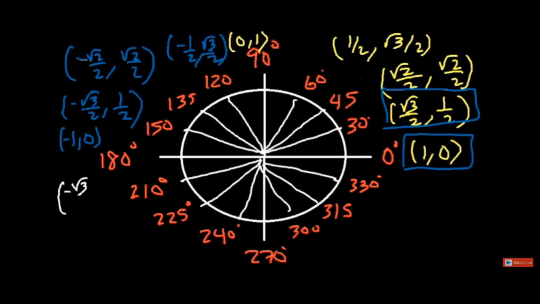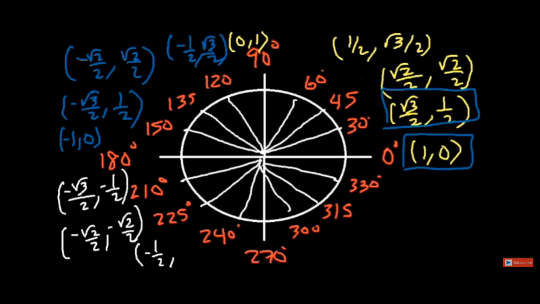Now let's look at quadrant 3. We're going to have the same values but x and y are both negative. So 210, 150, and 30 share the same reference angle. So the value is going to be the same, but it's going to be negative: negative square root of 3 over 2 and negative 1/2.